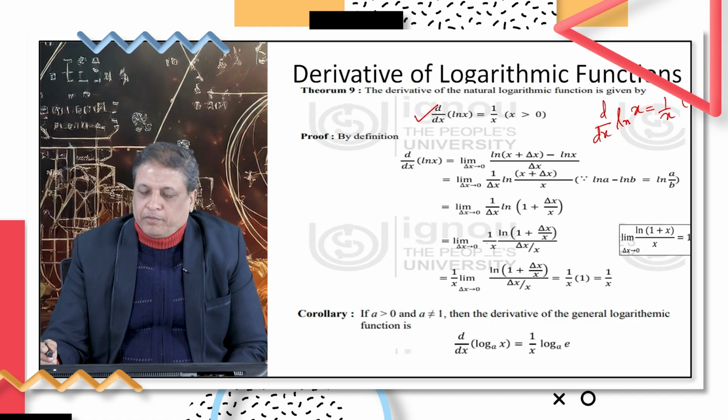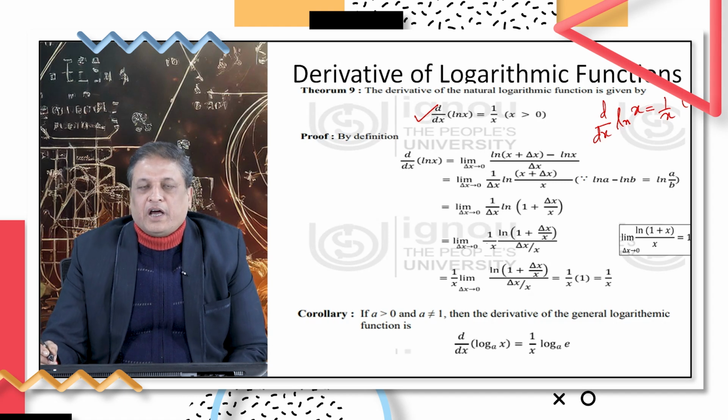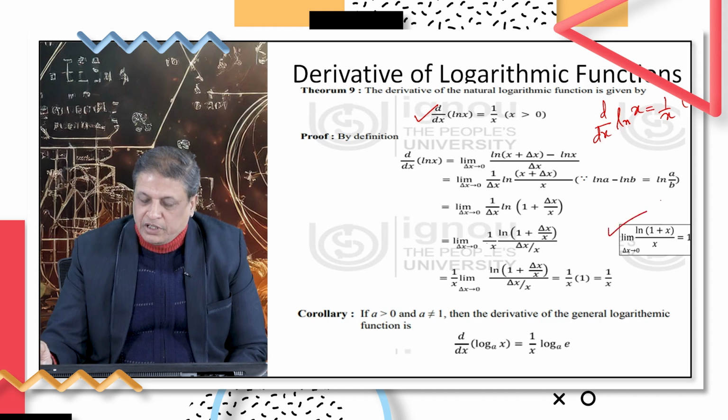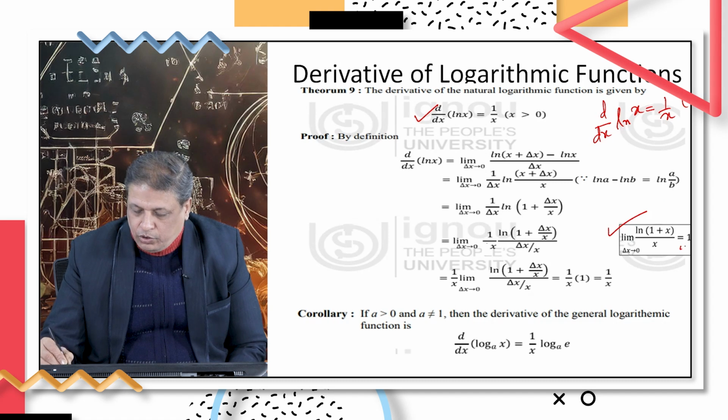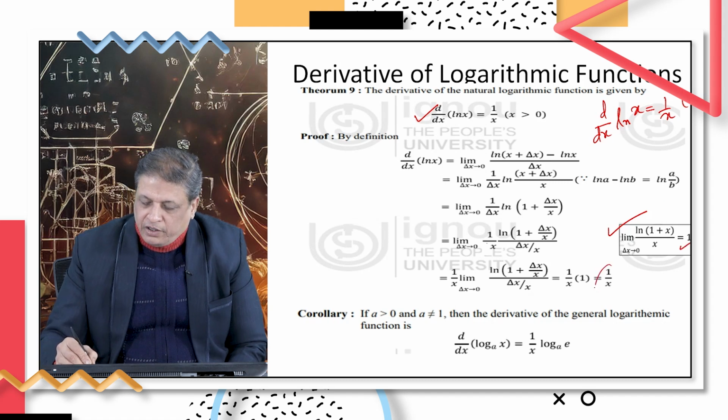Applying the same concept, that is d/dx of f(x) is limit delta x tends to 0, f(x plus delta x) minus f(x) upon delta x, and using this identity, that is limit delta x tends to 0, natural logarithm of 1 plus x by x is equal to 1, we can prove that it is equal to 1 by x.